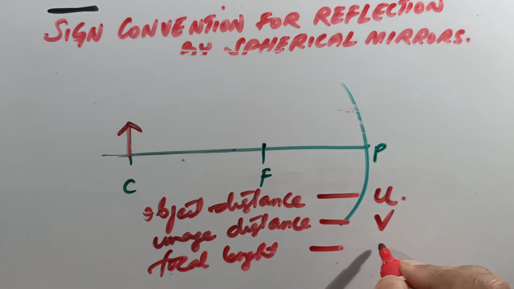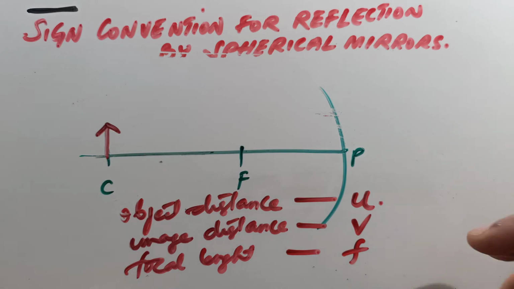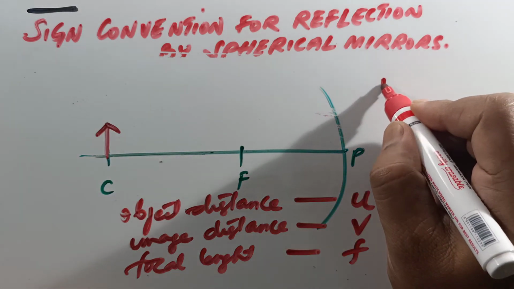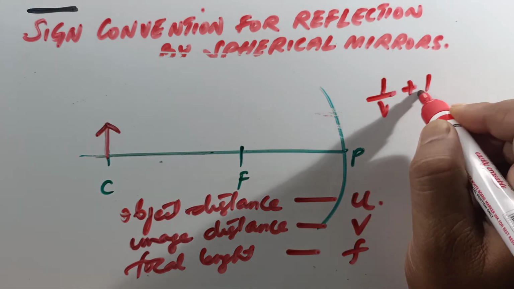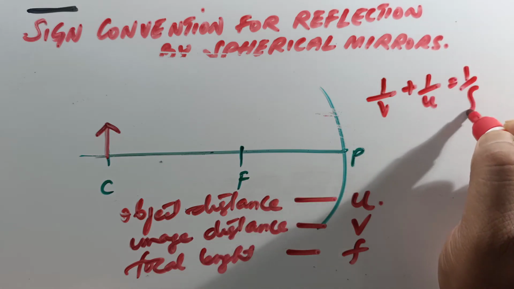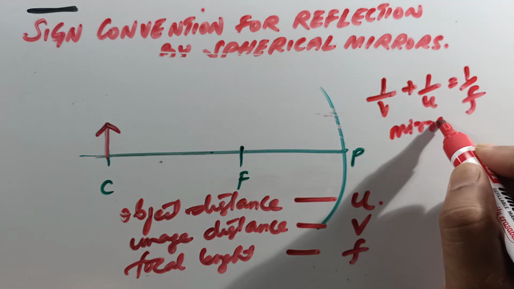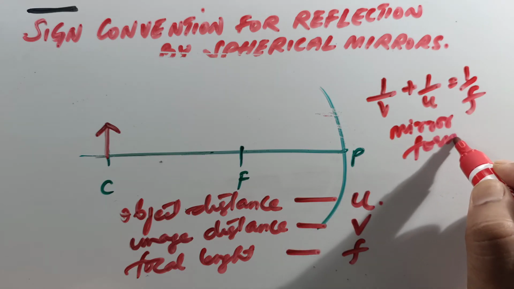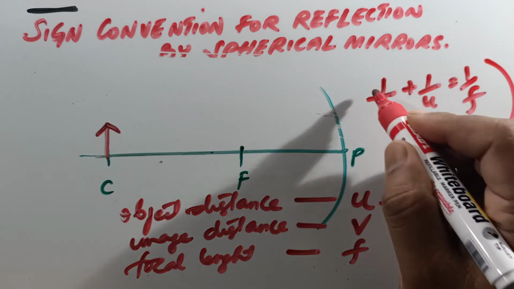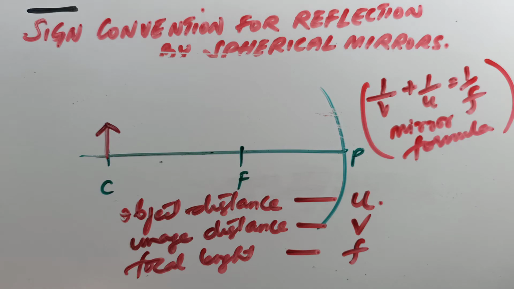Focal length is represented by f. Very important. And the mirror formula is 1 by v plus 1 by u is equal to 1 by f. This is the mirror formula. We'll be using this formula when we do the numerical problems.